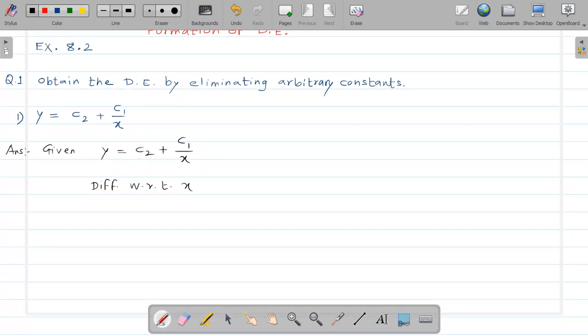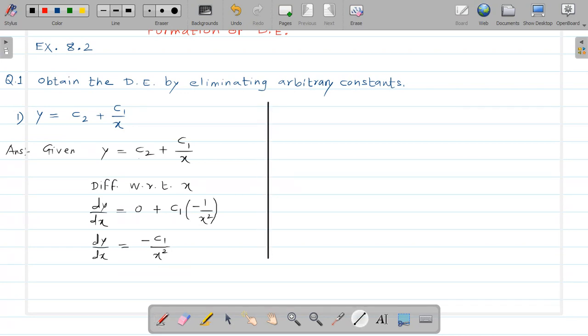So by first order derivative, here you will get dy by dx, and the derivative of single constant c2 will be 0, plus c1 as it is into derivative of 1 upon x, which is minus 1 upon x square. As we know that derivative of 1 upon x is minus 1 upon x square, we get dy by dx is equal to minus of c1 upon x square.